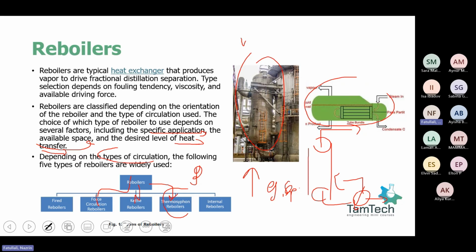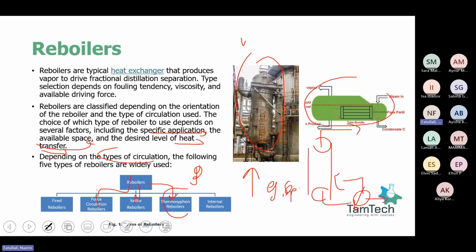There is a loop in circulation. This is compact. For example, a thermosyphon reboiler is compact and efficient, but you have to stay within the vaporization limit, as it is driven by natural circulation.